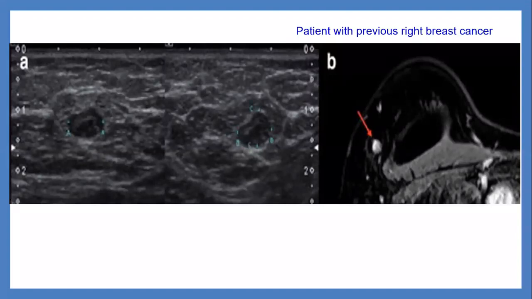Fat sat contrast enhanced sequence. So homogeneous contrast enhancement? Are you sure? Is it homogeneous? All of it is enhancing, but some areas are more than the others. That means inhomogeneous. I would not say heterogeneous, I would say inhomogeneous enhancement.